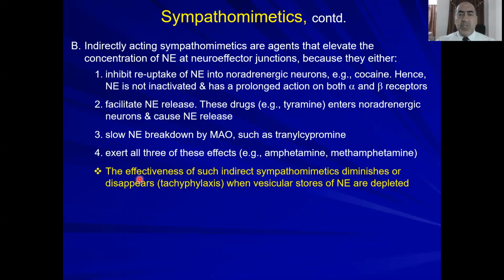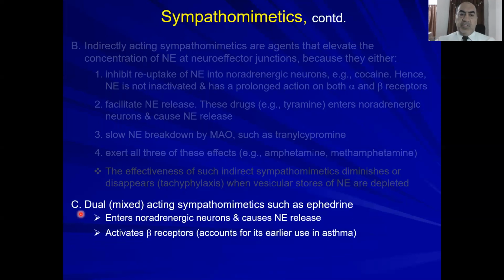Tachyphylaxis means loss of the drug's effect when it's given continuously or over a long period. If these stores are depleted, the effect will diminish over time when vesicular stores of norepinephrine are depleted.